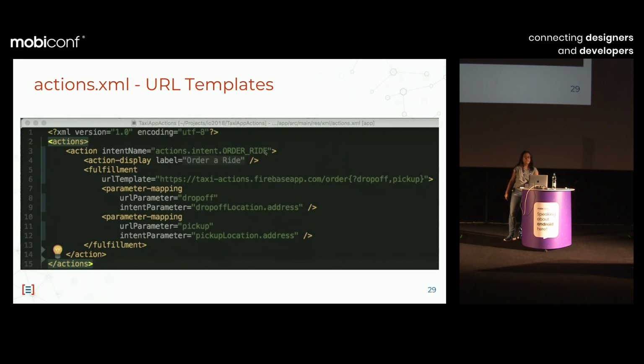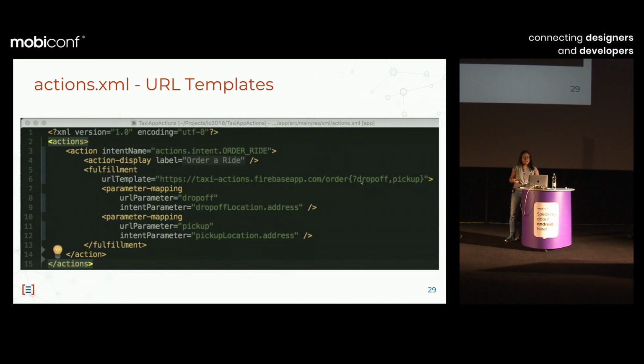So this is for an app to order a ride, so it's the order ride intent name. And then here in the fulfillment part is basically how you fulfill this action. As I explained before, this is a URL that exposes a deep link with parameters.